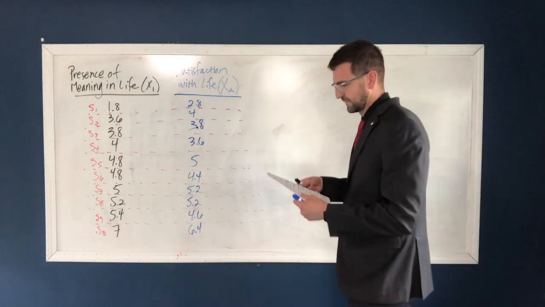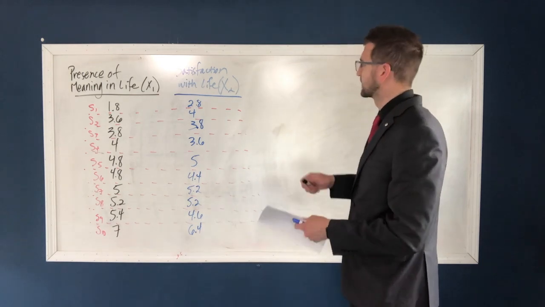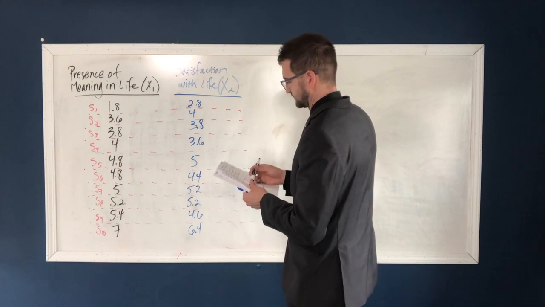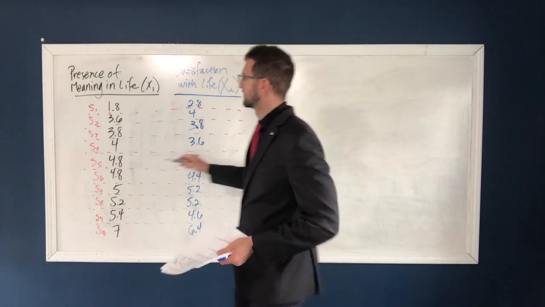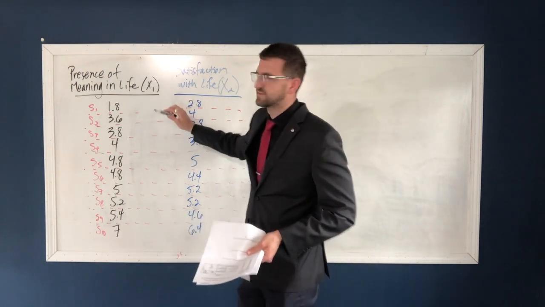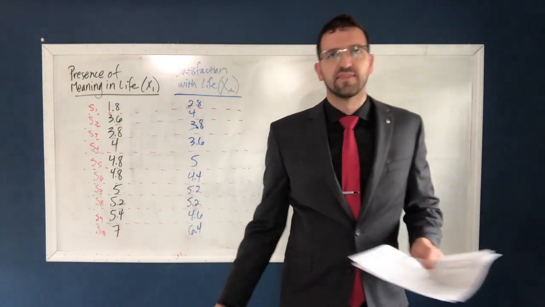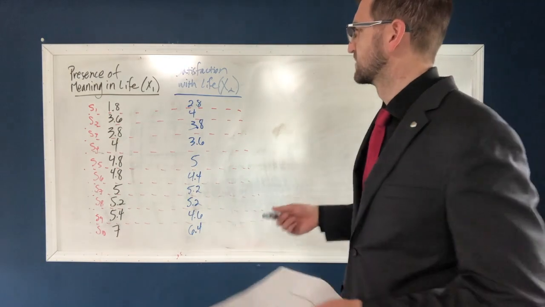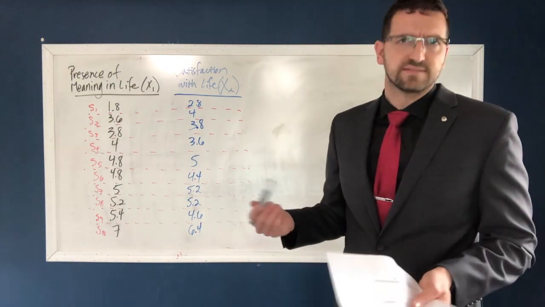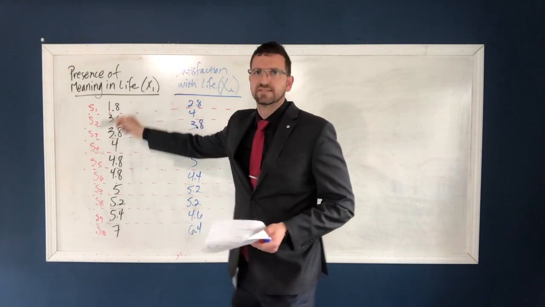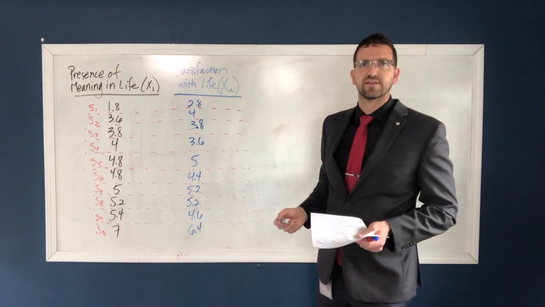So I have the correlation between these two variables. Well, let me back up a little. Just for a little review, S1, S2, all the way down to S10 stands for subject or participant. So we have 10 subjects taking the presence of meaning in life scale and the satisfaction with life scale.